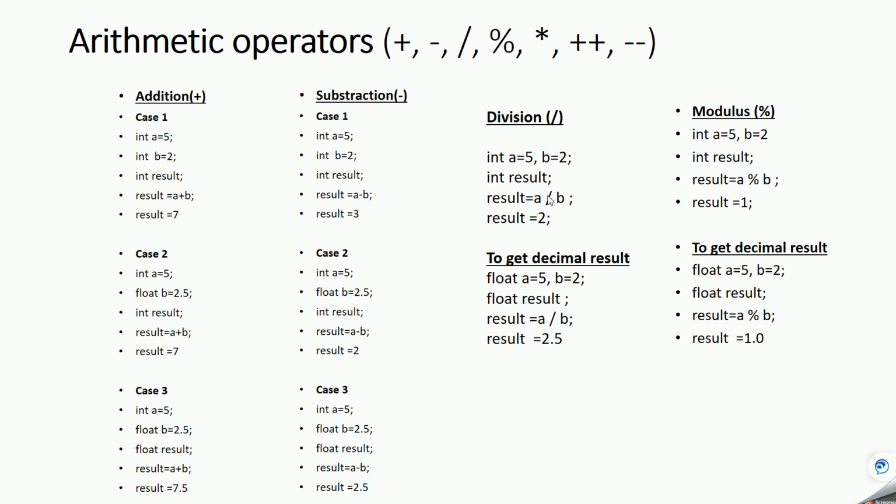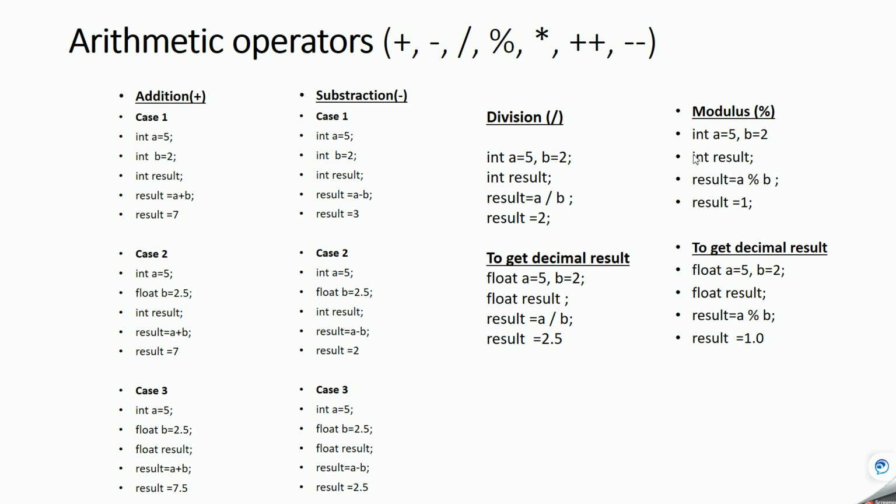So instead of giving 2.5, it will give 2. To get the decimal value, we have to change the data type from int to float, and the result will also be float, and then it will give the decimal value. So you must keep in mind when to use which data type based on your requirement.